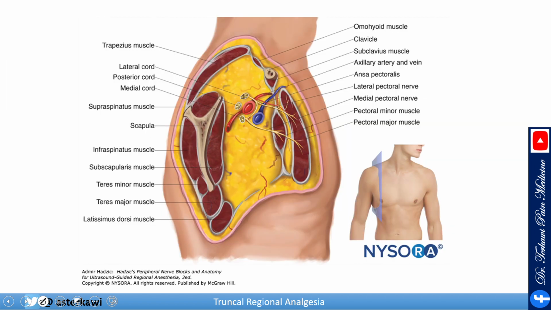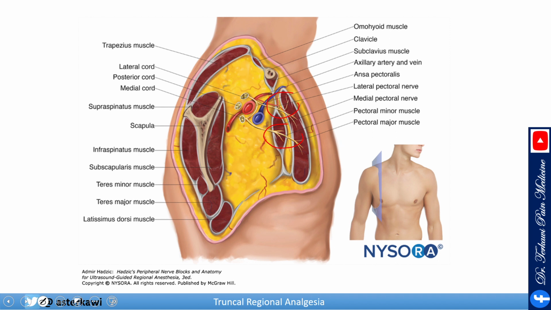This is another picture. We are doing a cut through the axilla here. So you see the lateral and medial pectoral nerves, and they are originating from the brachial plexus.